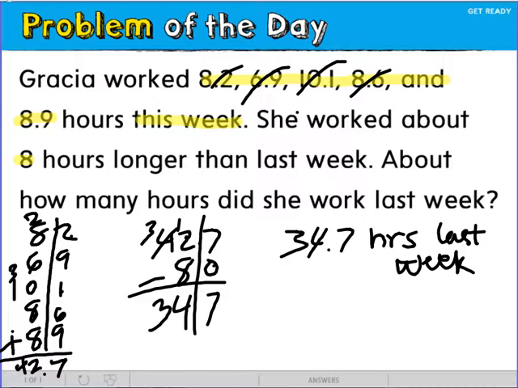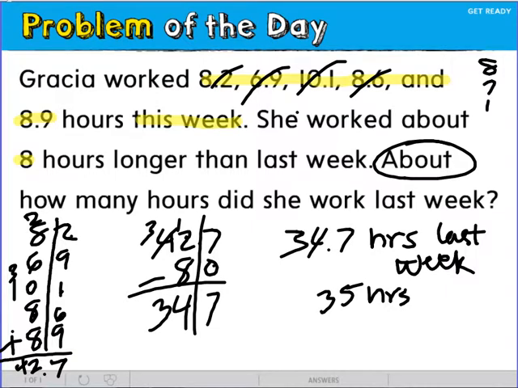Did I mess up? It's about. Oh, there you go. About. Eight, 7, 10, 9. So we did about 18, 28, 35.